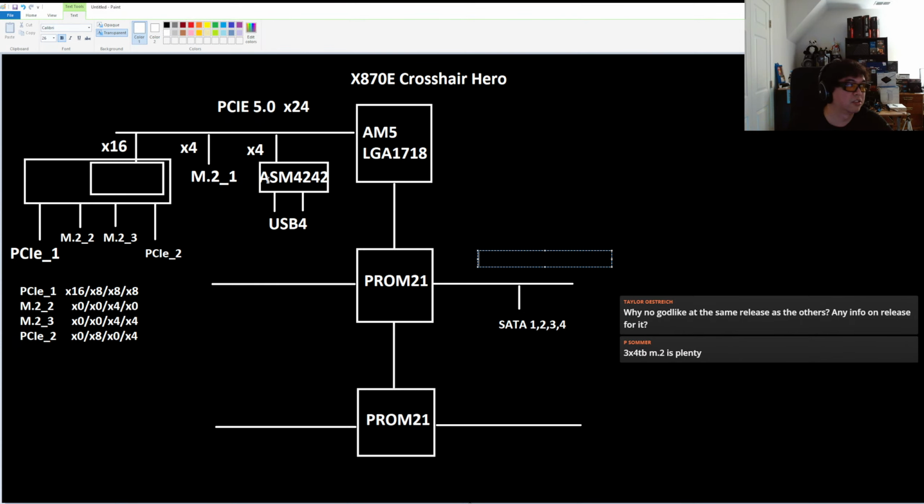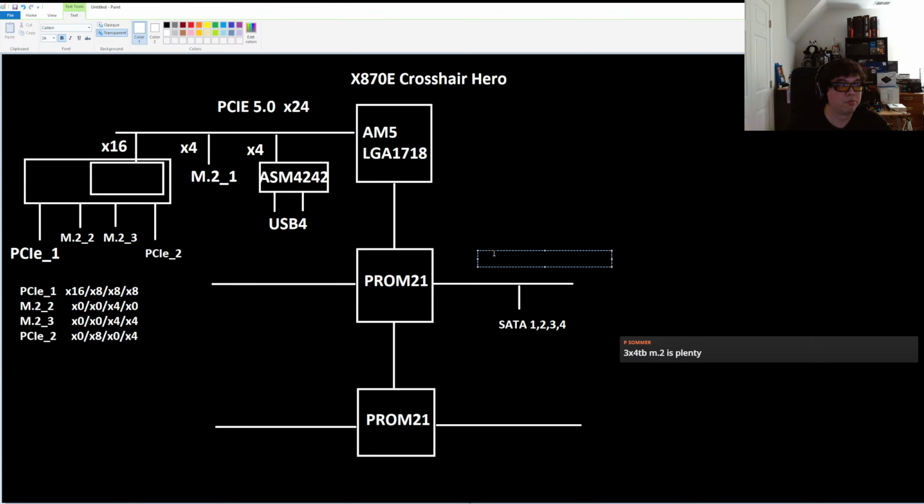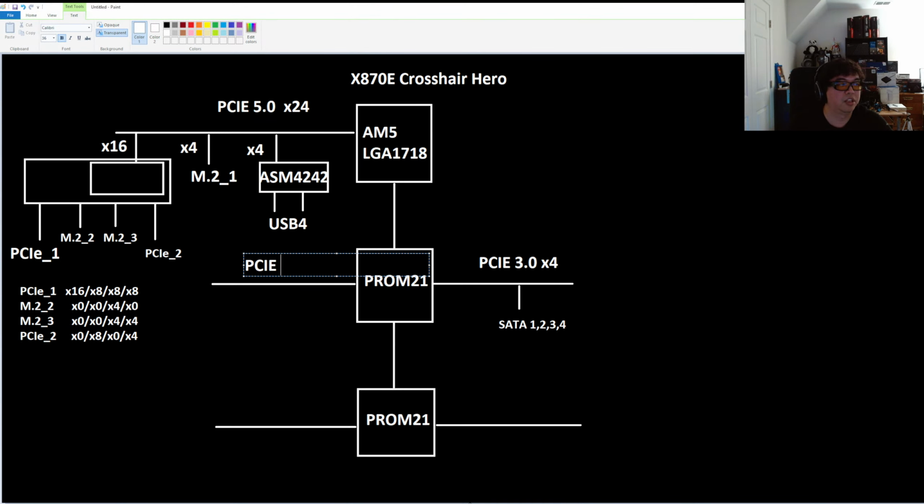This is PCIe 3.0 X4 lanes. This is PCIe 4.0 X4 lanes. This is PCIe 4.0 X8 lanes.